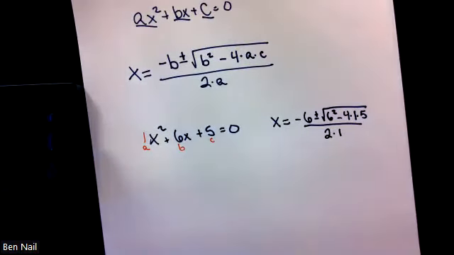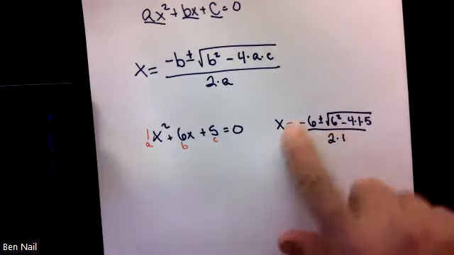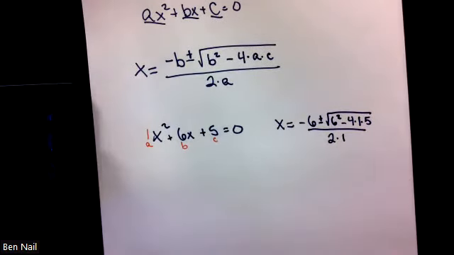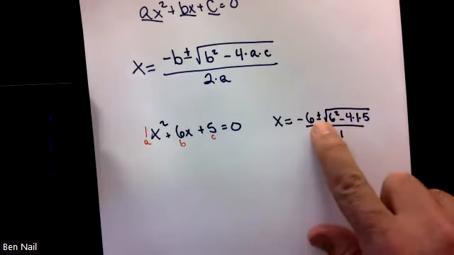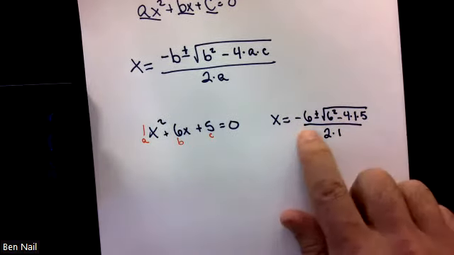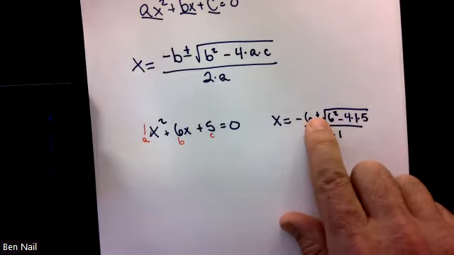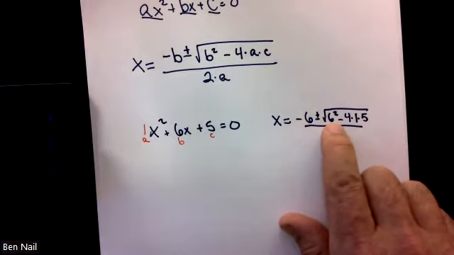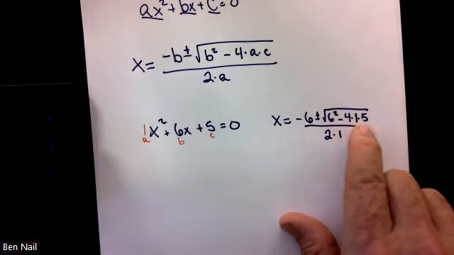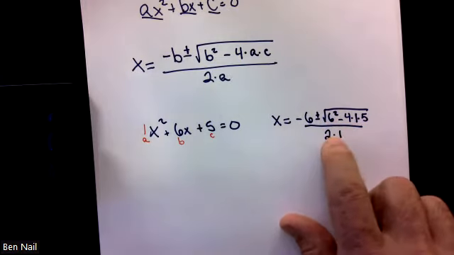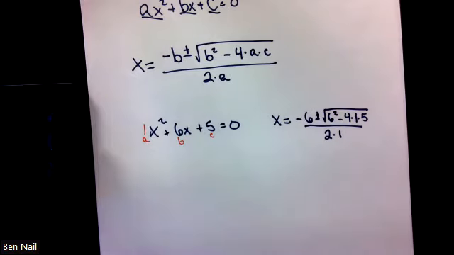And if you have a somewhat sophisticated calculator, you can basically just type this directly into your calculator. Now, you can't do the plus and the minus at the same time, but you can hit your fraction button, and then in the top of your fraction, hit negative 6 plus square root, and then under the square root, you can type in 6 squared minus 4 times 1 times 5, then go down to the bottom of the fraction, hit 2 times 1, and hit equals, and your calculator should simplify that for you.